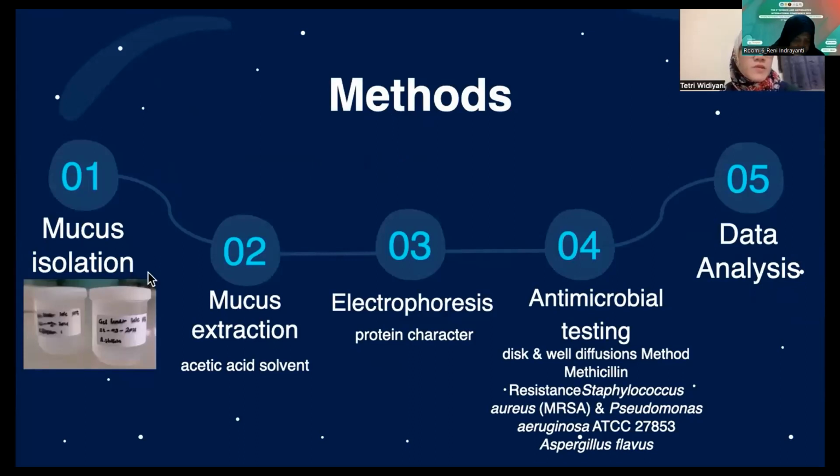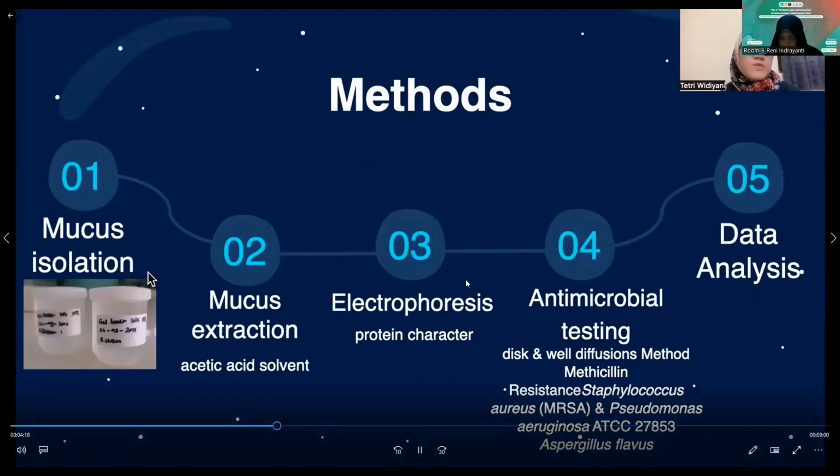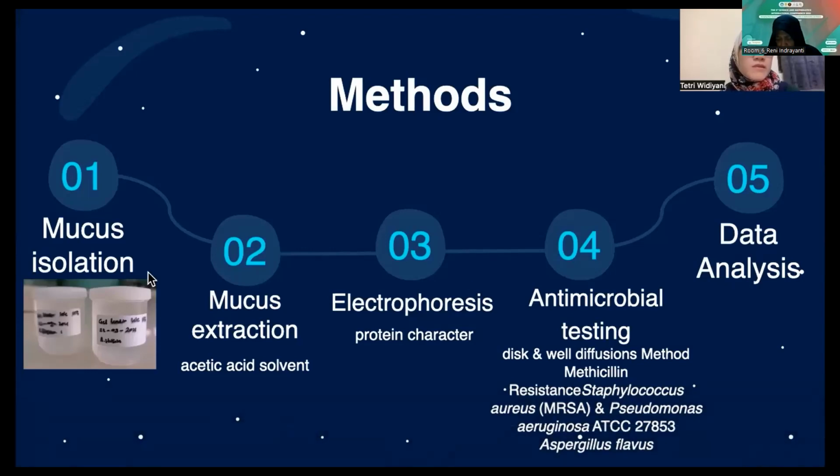Mucus was isolated from 56 catfish, age range 1 to 2 months old, and average length 20 centimeters.